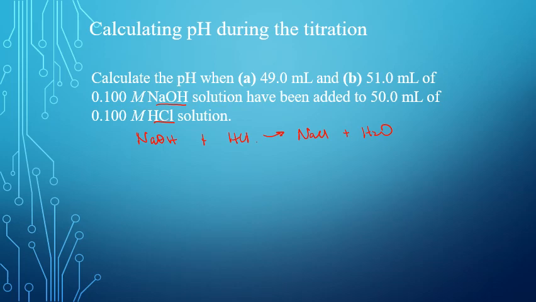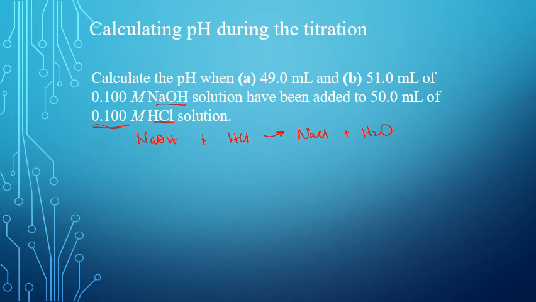through this lesson. So it asks us to calculate the pH when we have 49 milliliters and 51 milliliters of a 0.1 molar NaOH solution that has been added to 50 milliliters of a 0.1 molar HCl solution. So two things that I want you guys to notice.